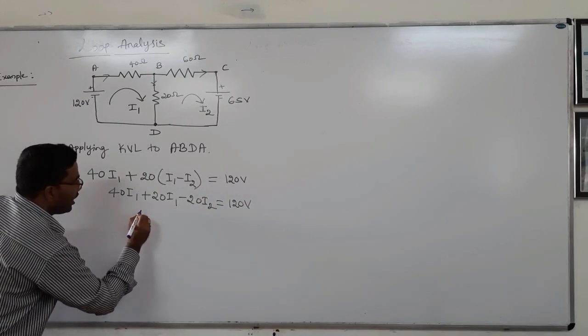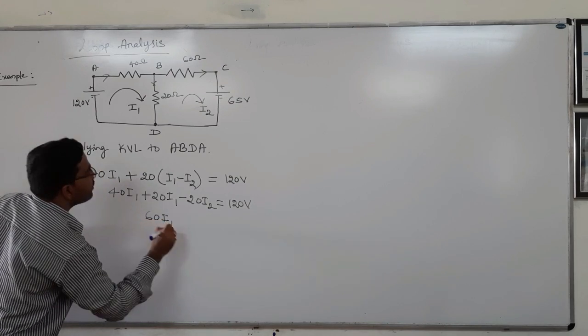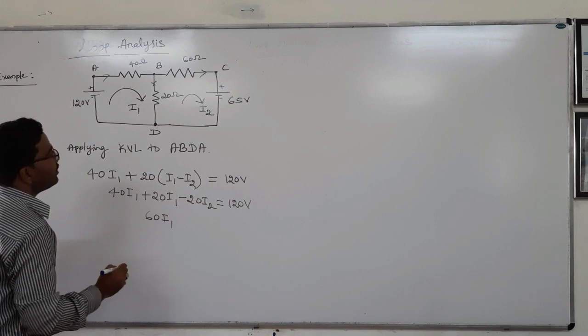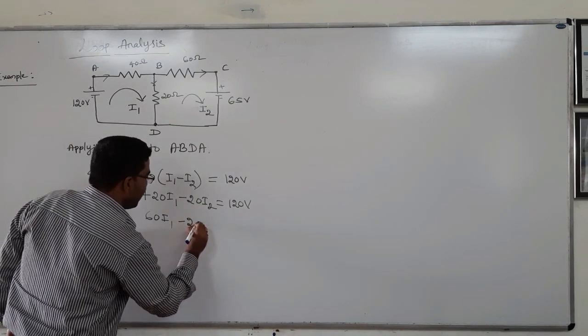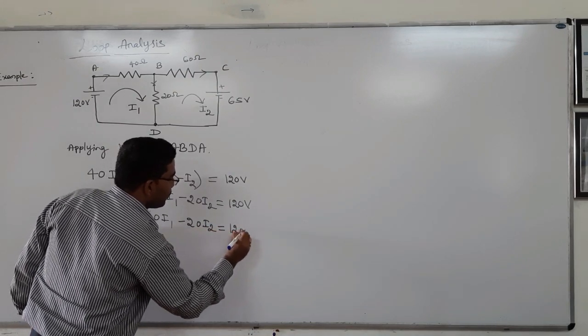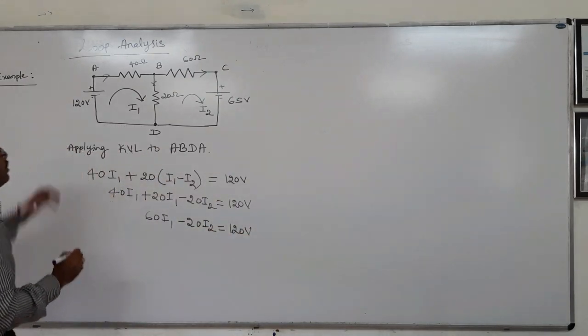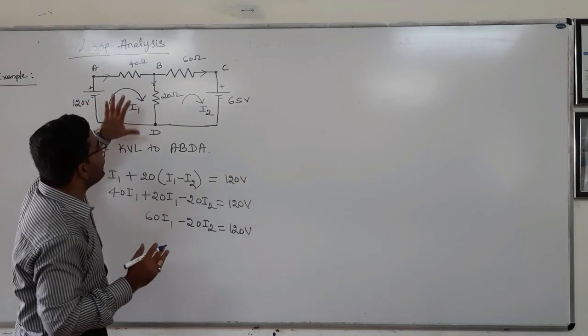So after that I will get 60 I1 minus 20 I2 is equal to 120 volt. So I finished applying KVL to the first loop.